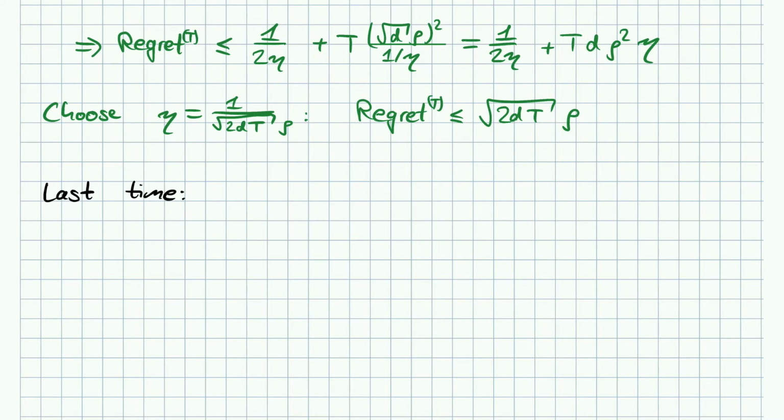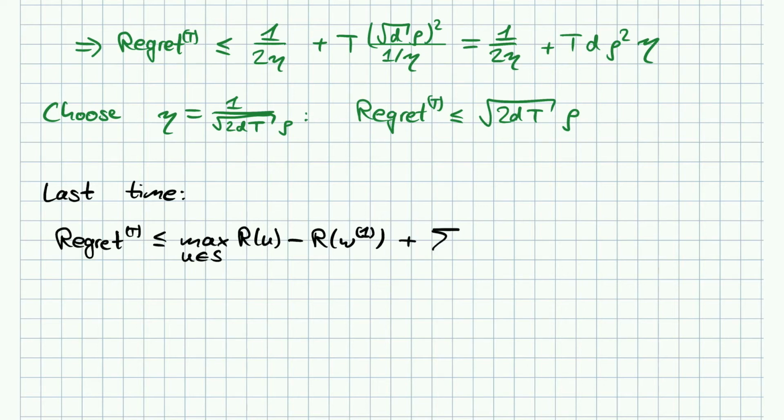Last time we showed the following. We showed that the regret that follow the regularized leader has, after t steps, is at most the maximum of the regularizer minus the regularizer at the first step plus the sum over all steps of ft of wt minus ft of wt plus 1.